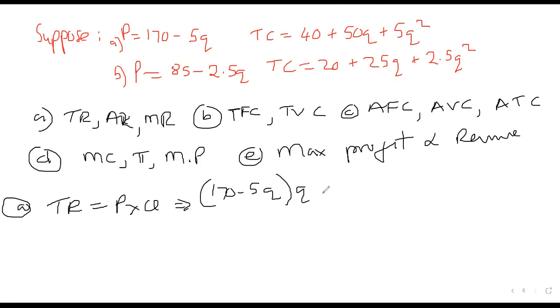So 170 times q, we get 170q. 5q times q, we get 5q squared. So this is called our total revenue. Marginal revenue, we differentiate, dTR over dQ. Can somebody differentiate for us? 170q minus 5q squared. What do we have?